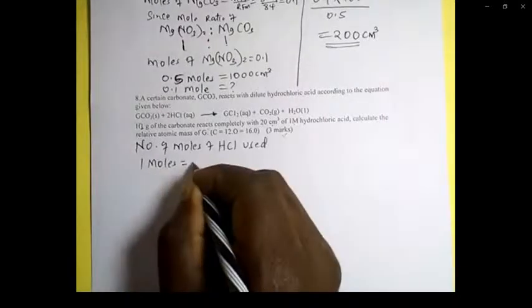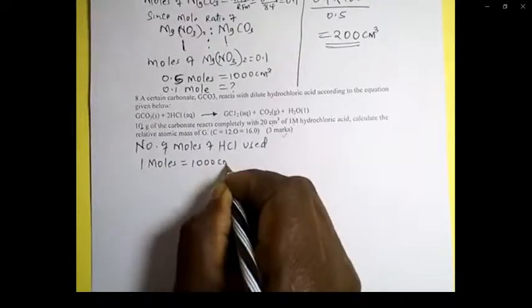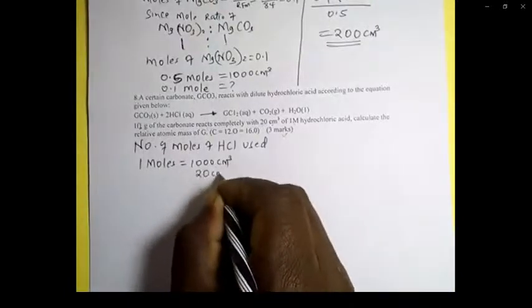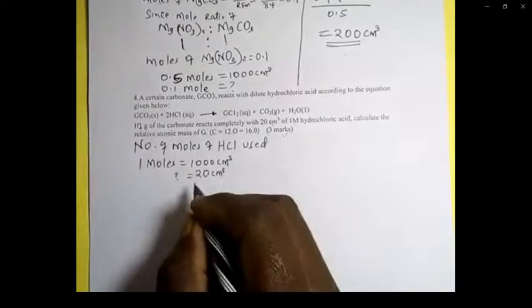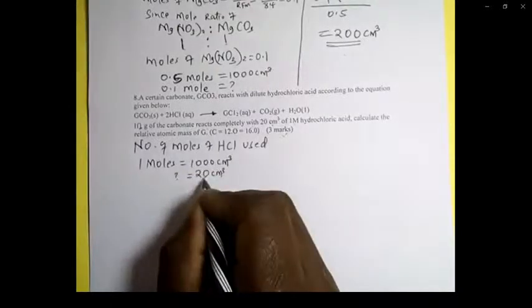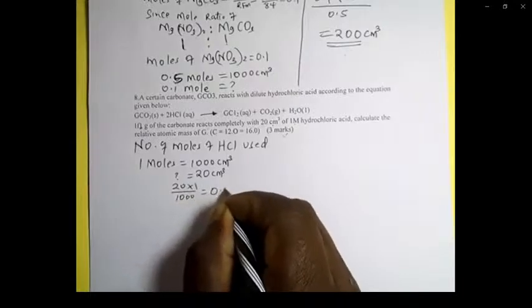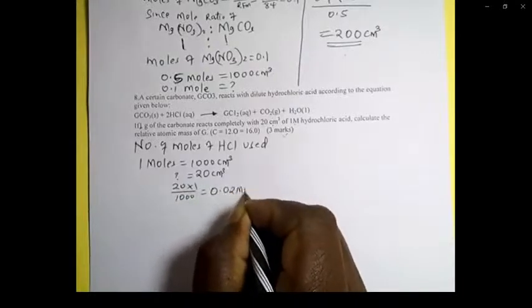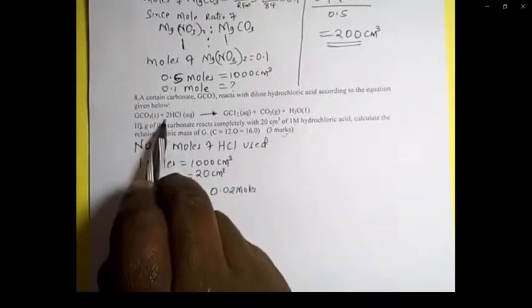We know that 1 is the number of moles in 1,000 centimeters cube. We ask, 20 centimeters cube of the same will contain how many moles. So that is 20 times 1 divided by 1,000. It's going to give us 0.02 moles of HCl. So moles of HCl used is 0.02.